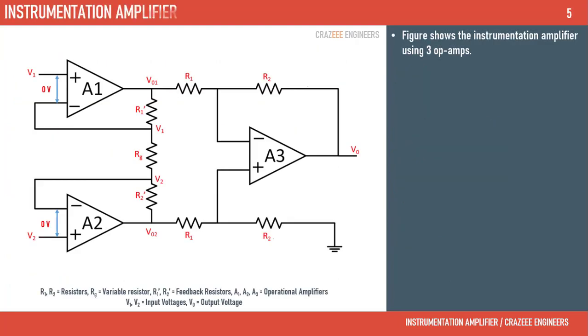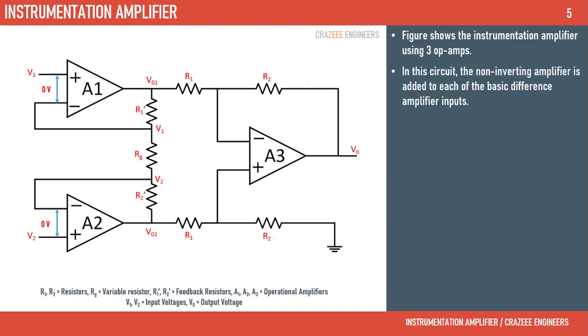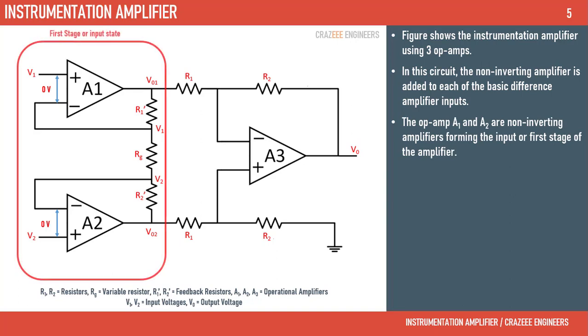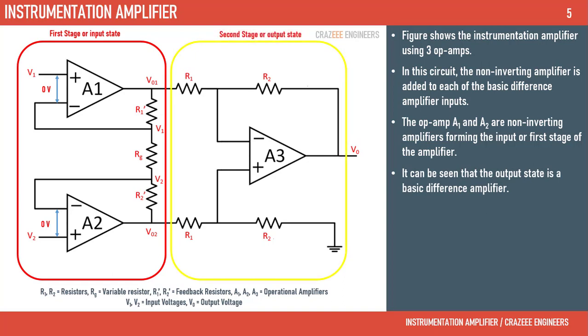The figure shows the instrumentation amplifier using 3 operational amplifiers. In this circuit, a non-inverting amplifier is added to each of the basic difference amplifier inputs. The operational amplifiers A1 and A2 are non-inverting amplifiers, forming the input or first stage of the amplifier. It can be seen that the output stage is a basic difference amplifier.